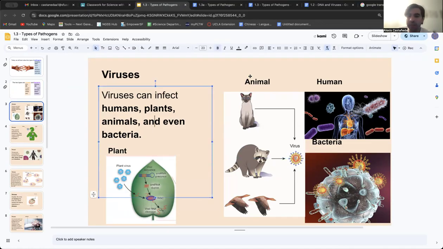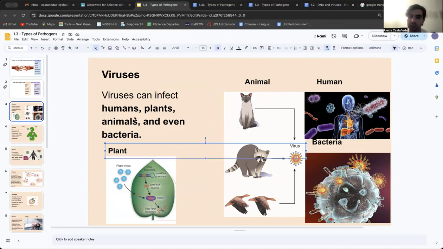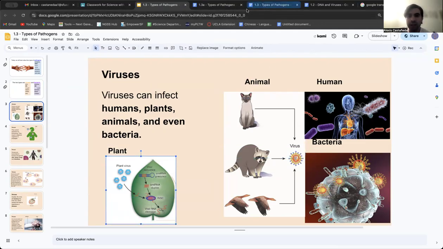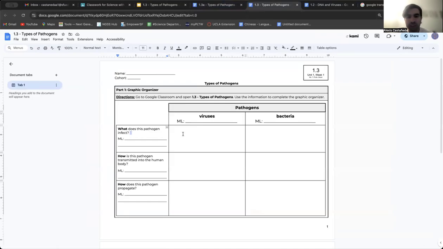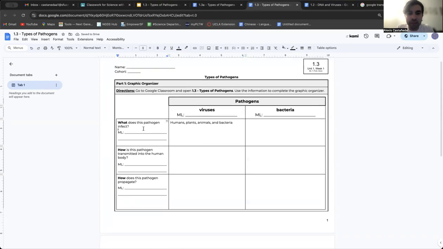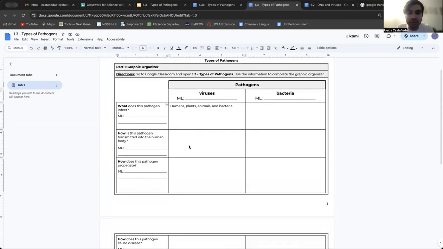So a virus can infect a lot of different things: a human, a plant, an animal, and a bacteria. So what we can write here is that it infects humans, plants, animals, and bacteria. There are many different things that are infected by viruses.